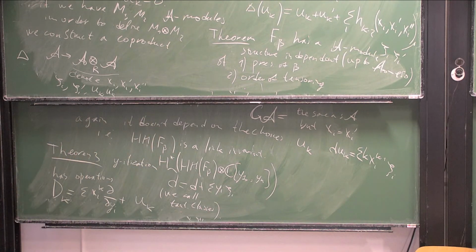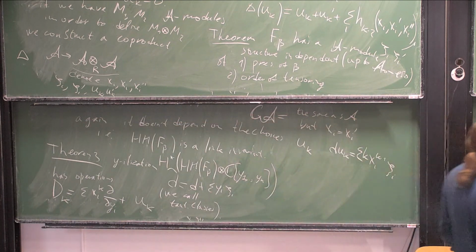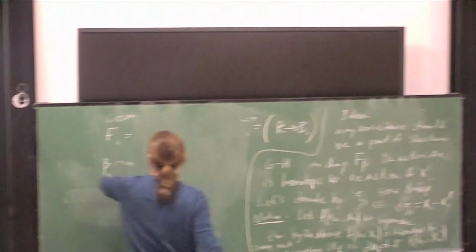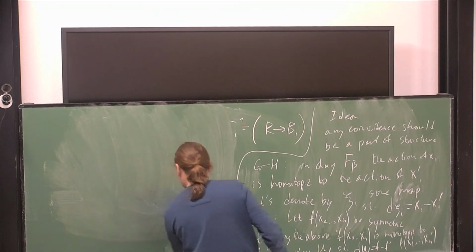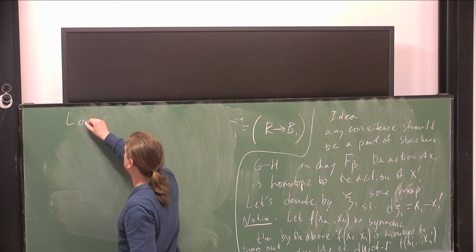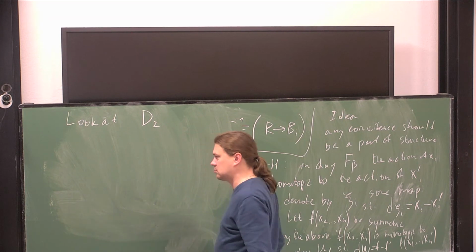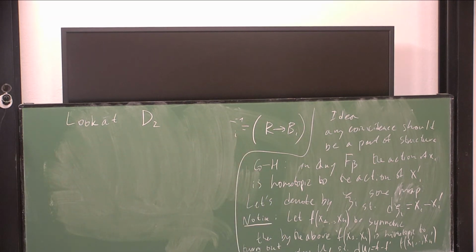And then, what can we do with it? With an application, there is something completely different. We look at the operator D2. Sorry, maybe the camera came on this one.